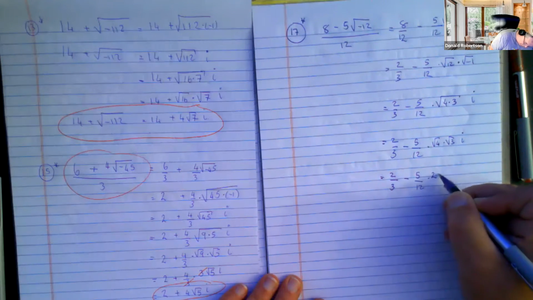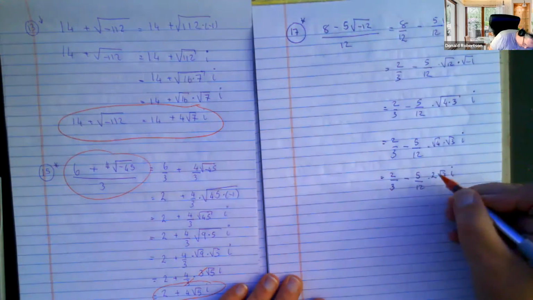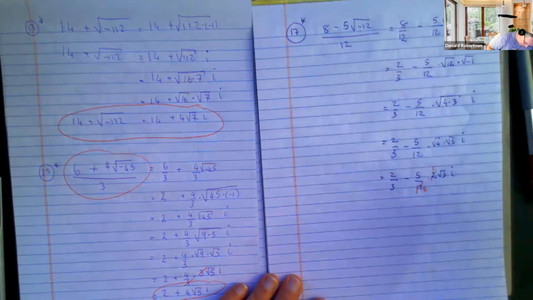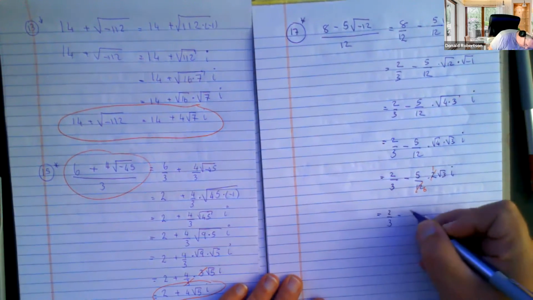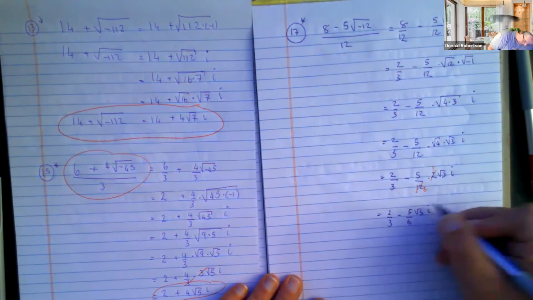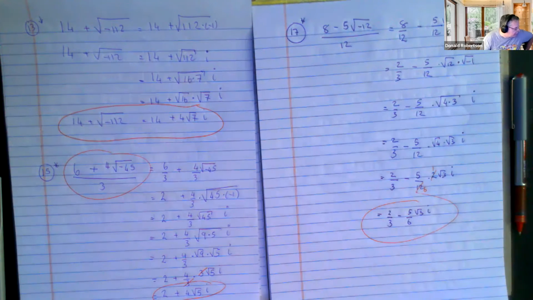That's times 2 square root of 3i. That cancels partially with that to leave 6 in the bottom. And our final answer is 2/3 take away 5/6 square root of 3i. That fella is the final result.